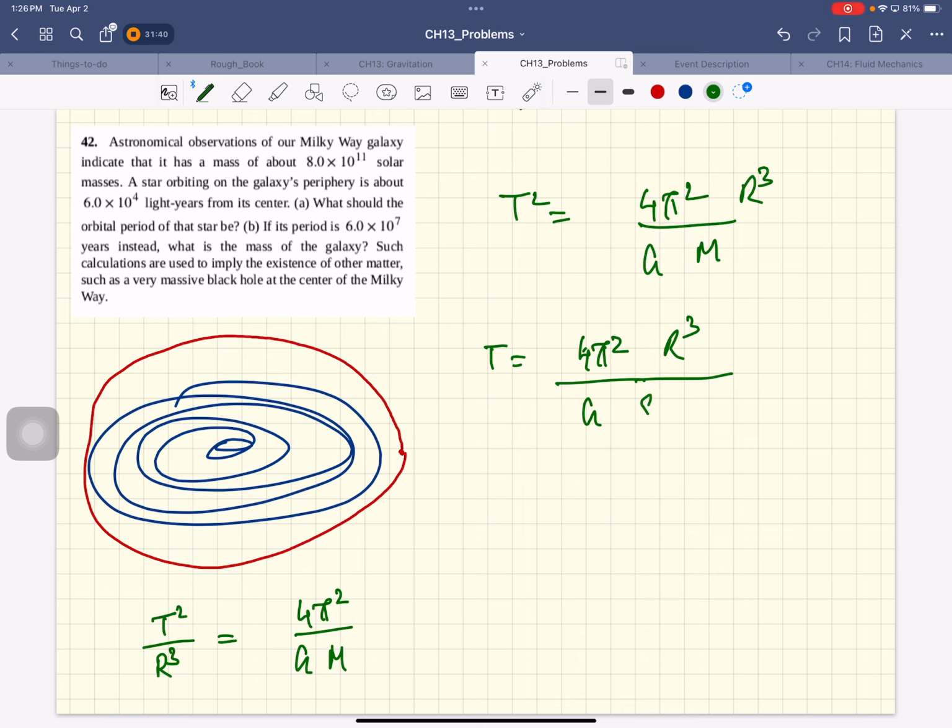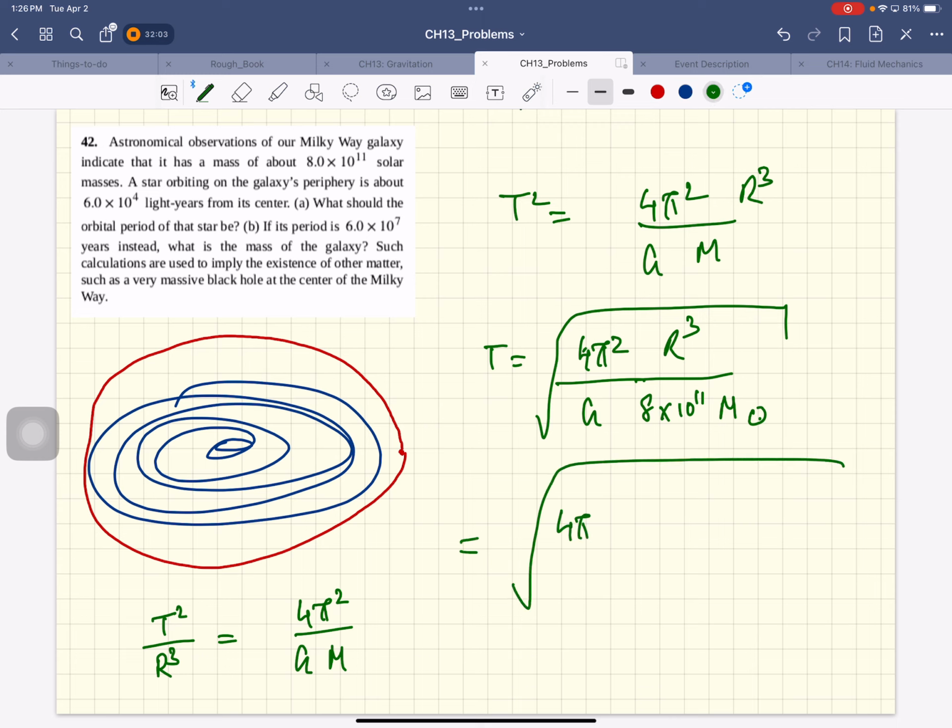The mass inside is 8 times 10 to the 11 solar masses. Here's the symbol for the solar mass. This is the mass of our sun. And so the mass of the galaxy is 800 billion solar masses. Now we're ready to put in the numbers. R is given in light years, 10 to the 4 light years, and we have to convert it into meters.